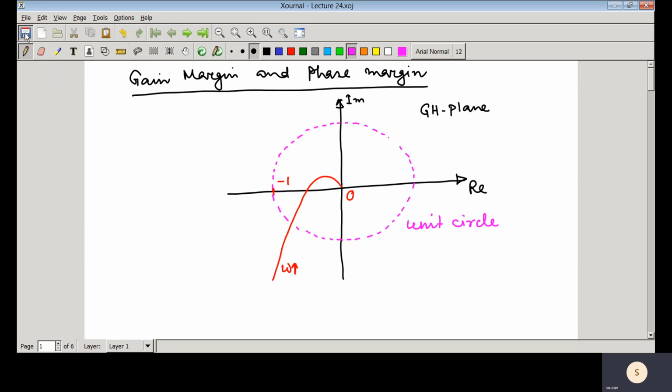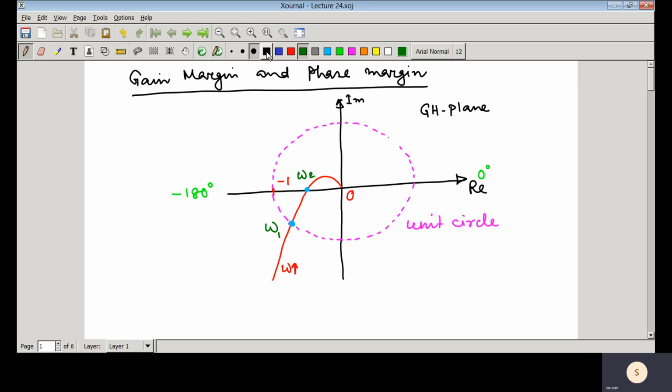Then we can see here that this is a point and this is another point, and we know that this particular axis is the -180 degree axis and this is the 0 degree axis. This is one frequency. Suppose this is omega 1, and this is omega 2. At omega 1, this Nyquist plot cuts the unit circle.